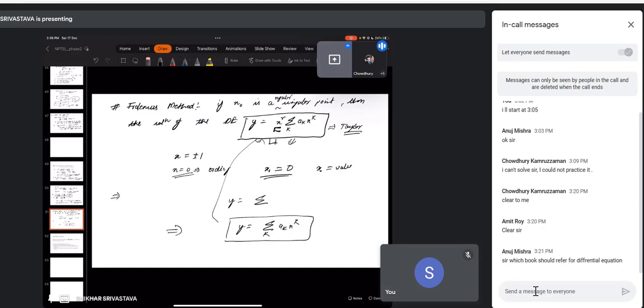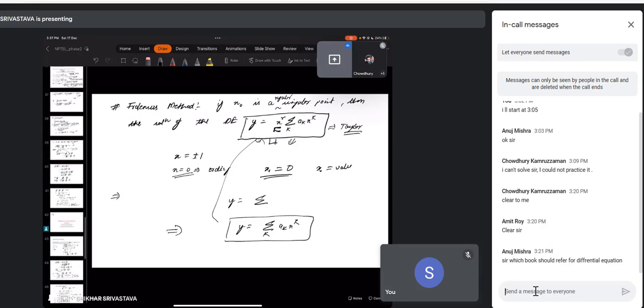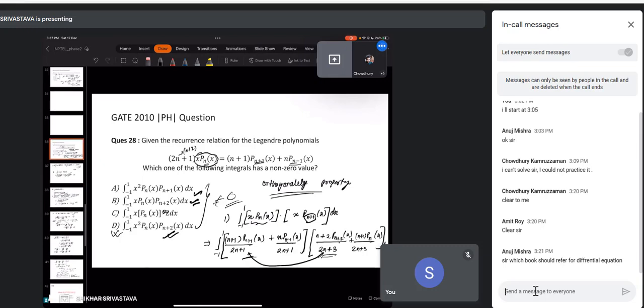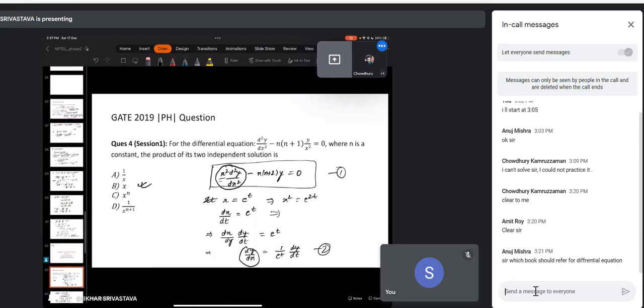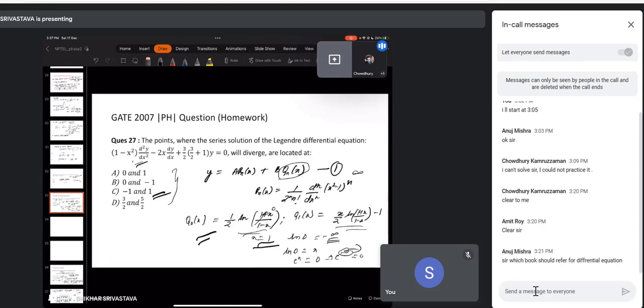Yeah, that thing is clear now. In the last class there was one question, where you had to find at what points the solution will diverge. This is straightforward. You don't need to remember these complicated solutions.